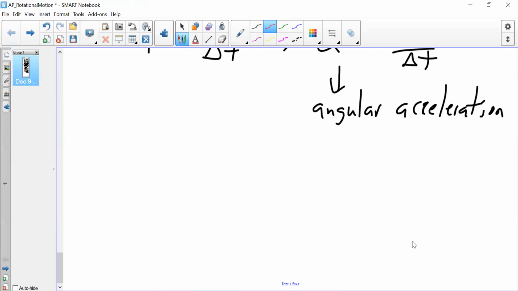So angular displacement, angular velocity, angular acceleration. Now let's translate the linear kinematics to the rotational kinematics equations. And let's see if we have enough time to do the marriage between angular and linear quantities.